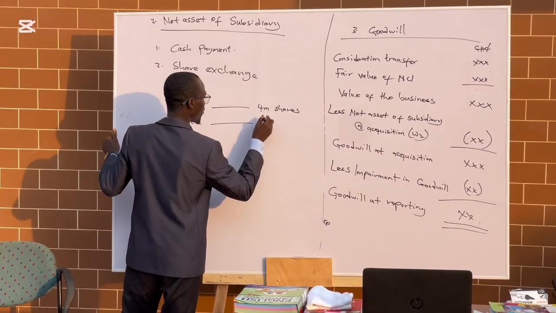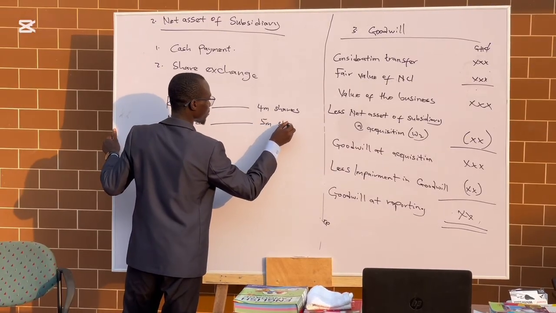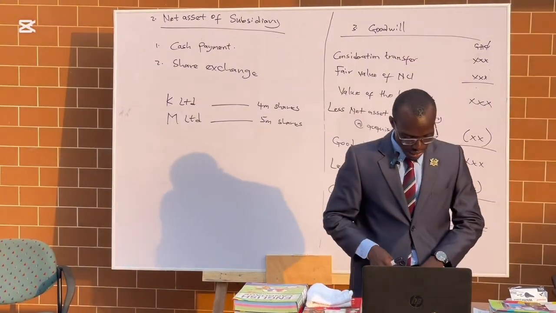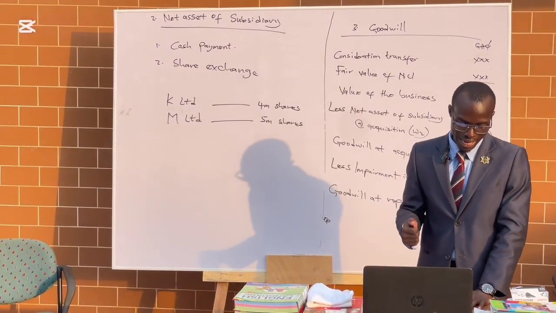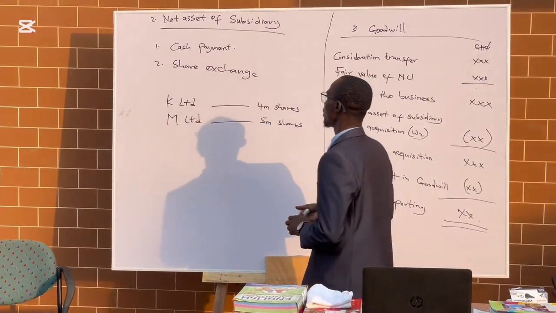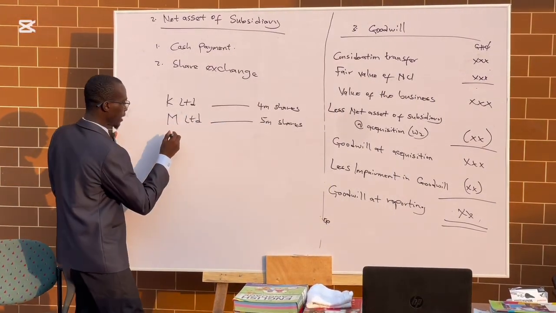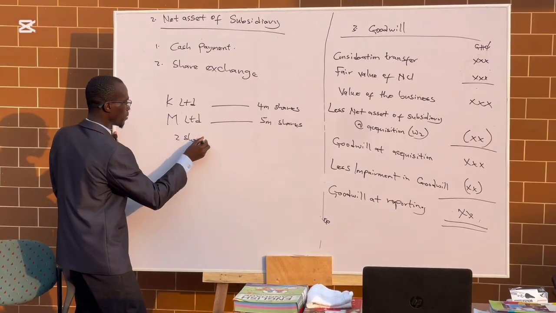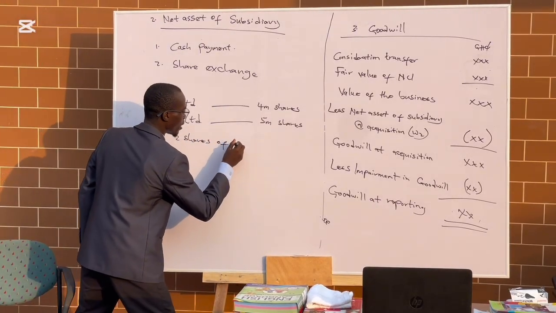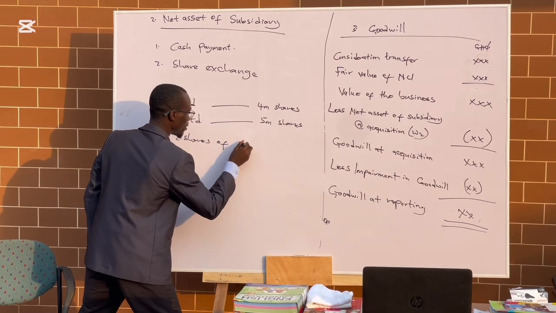M Limited is having 5 million shares. And the acquisition was financed by a share exchange of 2 shares for every 1,000 shares.